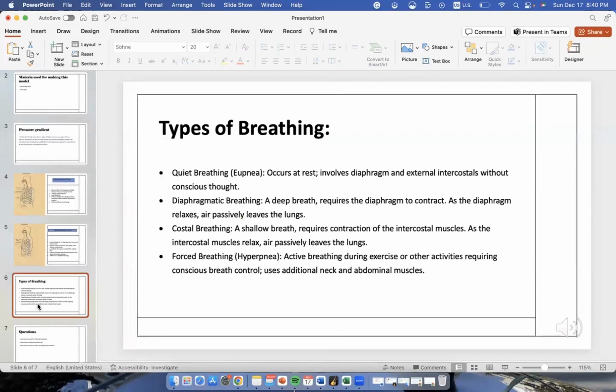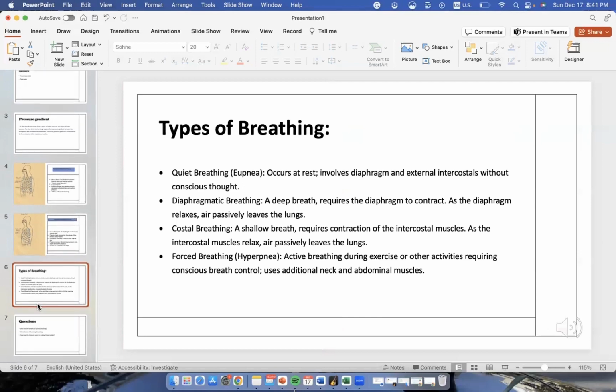Most of the time it requires no conscious thought, and it might not consume any energy. And diaphragmatic breathing is a deep breath. It requires the contraction of the diaphragm, and it also depends on the diaphragm relaxation to make the air passively leave the lungs.